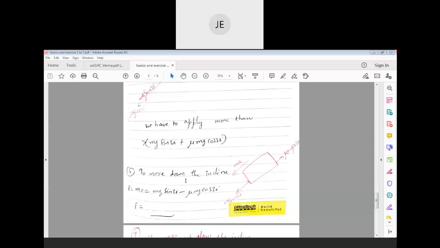It slides down without applying any force, because the inclination itself provides the support to slide down. So we need not apply any extra force because mg sin 30 is already acting downwards, which is sufficient to move the body downwards.